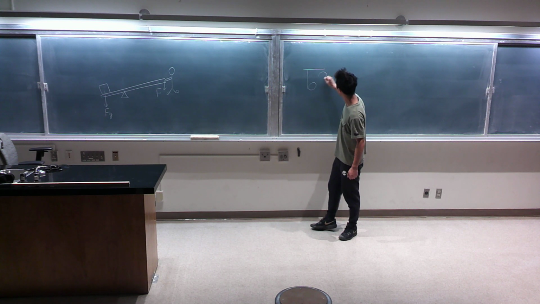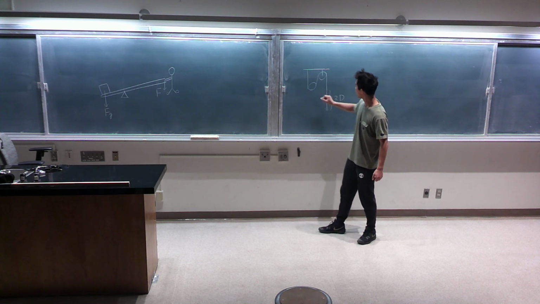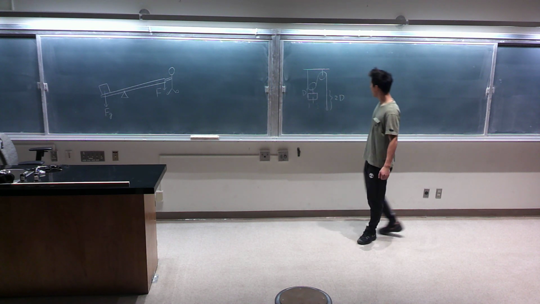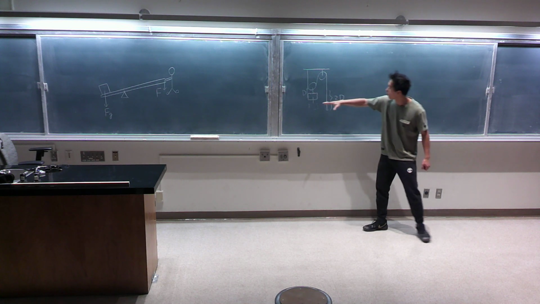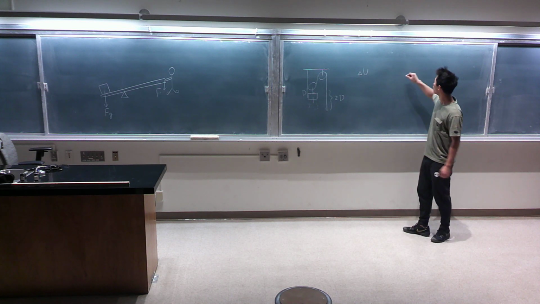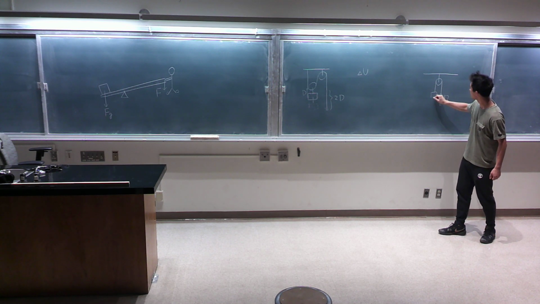If you design the pulley system such that it takes twice the amount of distance to move up the object by d, then the change of the potential energy for the object is the same compared to another pulley, which you just need to move down by a distance d.